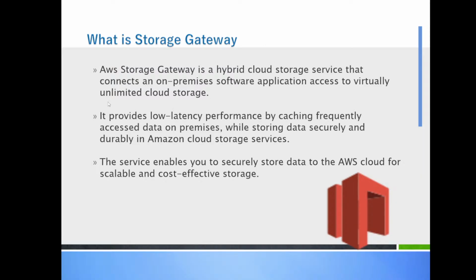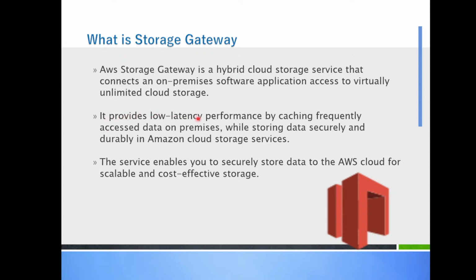Okay, so what is AWS Storage Gateway? AWS Storage Gateway is a hybrid cloud storage service that connects an on-premise software application access to virtually unlimited cloud. मैंने वही बताया आपको, from your on-premise you can connect to S3 using a software.